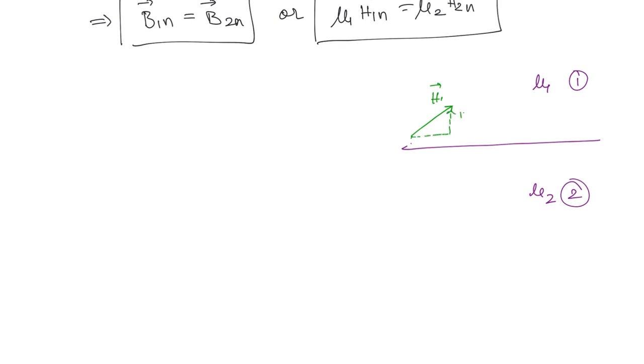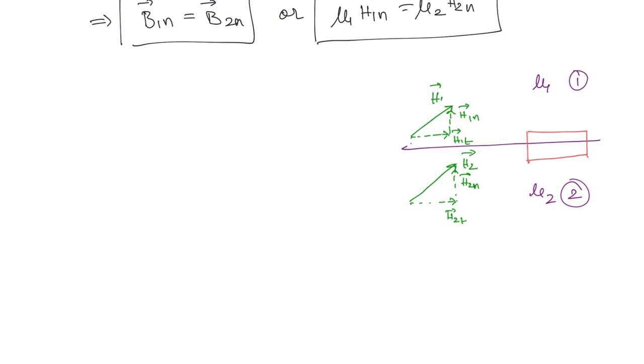So this is H1n bar, the normal component, and this is the tangential component. Similarly, here you have H2 bar, this is the normal component, tangential component H2t bar, and this is H2n bar. Now what you do is you take an Amperean path like this.